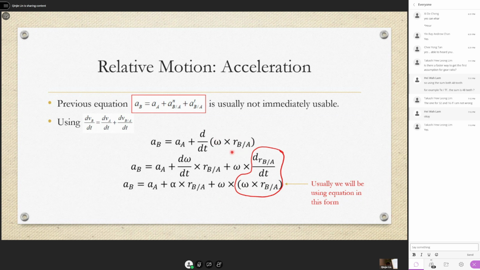Same as this one, this is also velocity. So it can be broken down in this longer form, which can be used, and we will be seeing how we are going to use it in the next example.